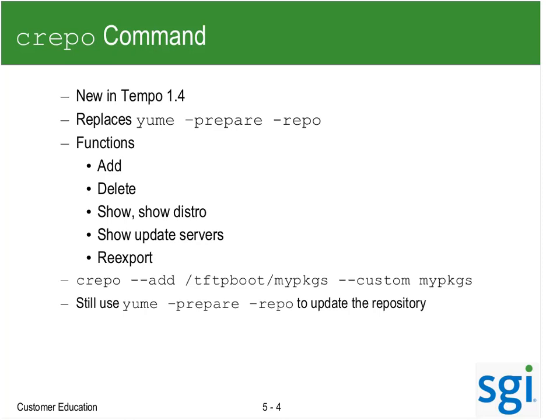So with crepo, I can add to the repository, delete things, show what distros I have, show update servers. Basically, this repository is what you're going to update and then push those updates out to all the nodes in the cluster. So basically, that repository is going to be a mirror of the Novell and SGI update repositories.